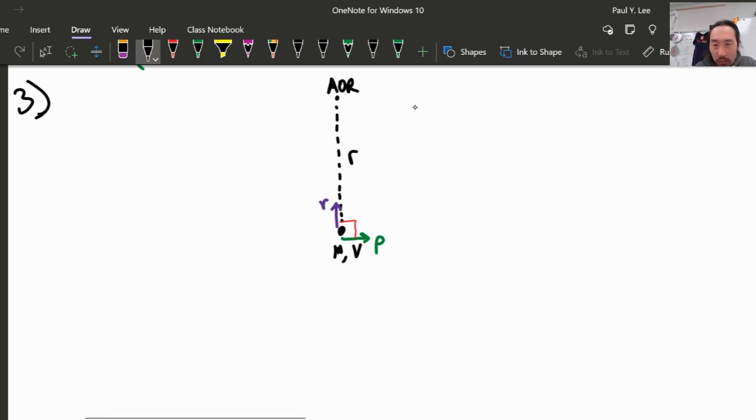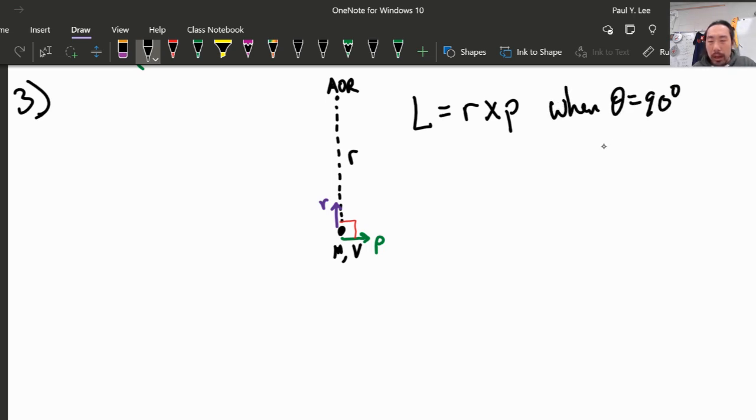And so the official version of the formula would be r cross product momentum. So when theta is equal to 90, we have, quote unquote, maximum rotational momentum.